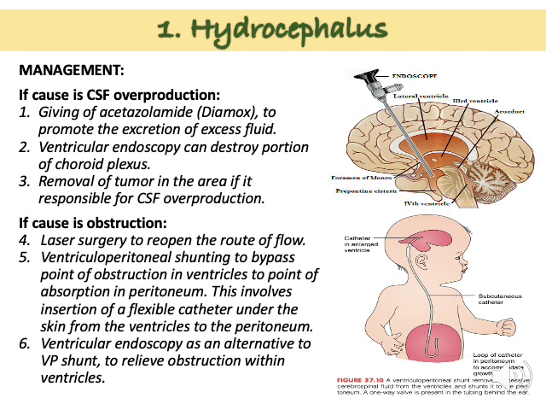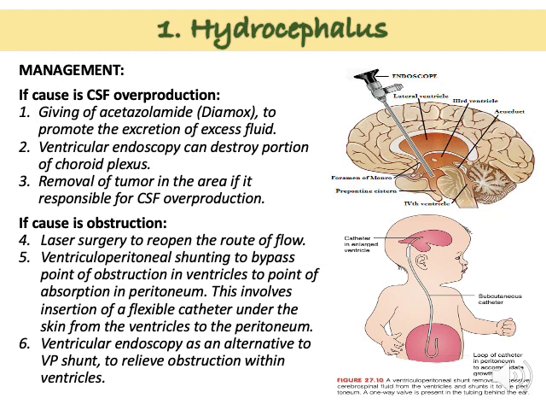Management. The treatment of hydrocephalus depends on its cause and extent. If the cause is CSF overproduction, acetazolamide or Diamox can be given to promote excretion of excess fluid. This drug is a diuretic.